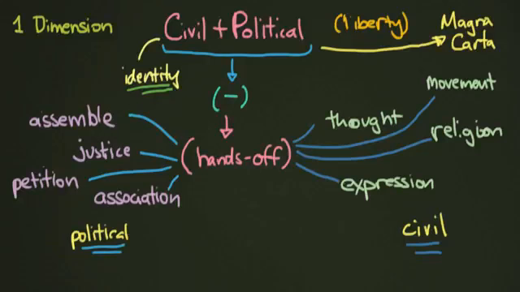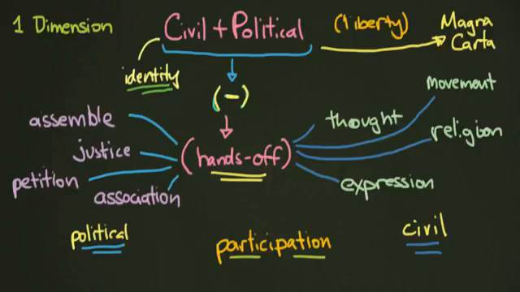And the obligation of the state and any organization working inside of it is to keep their hands off and allow you to express these rights. These rights are all about participation. They are all about people in society all paying their dues and therefore being able to participate fully and be completely recognized by all the institutions in that state. So not to be discriminated against because of your identity.